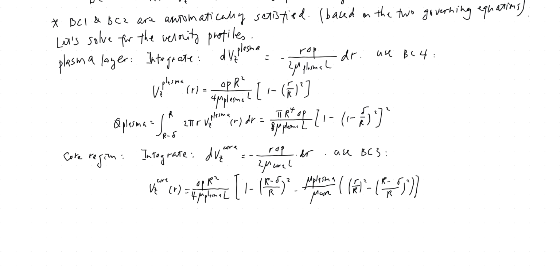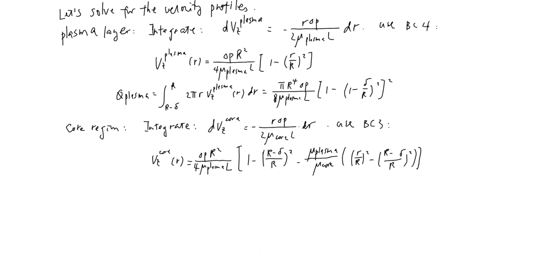And if you want to find the Q for the core region, what you are going to do is integrate from 0 to R minus delta, because this is where the core exists.